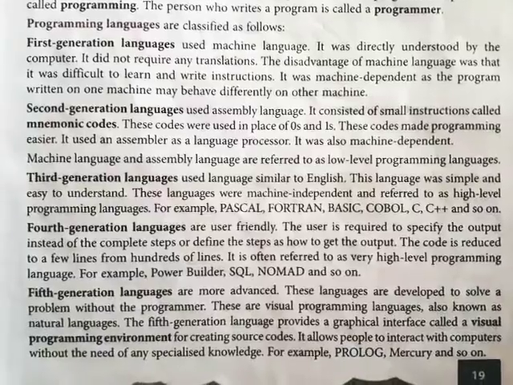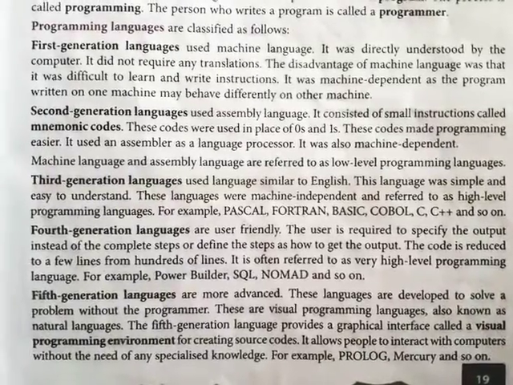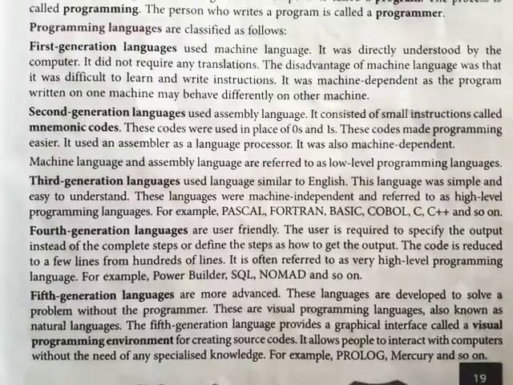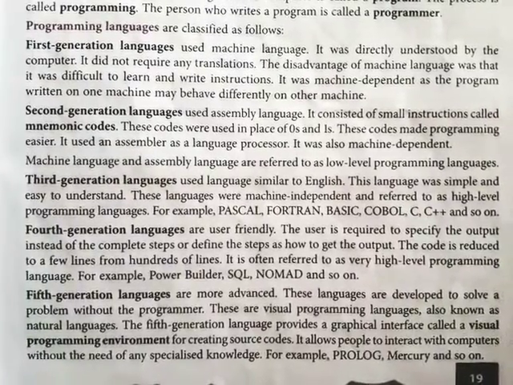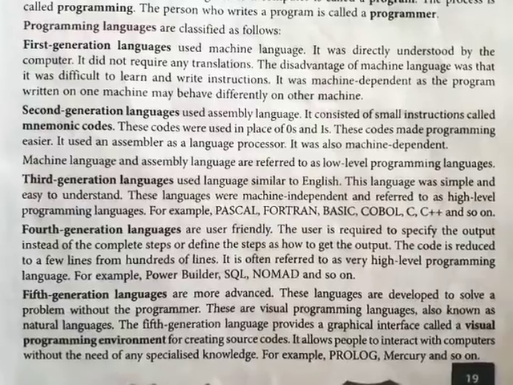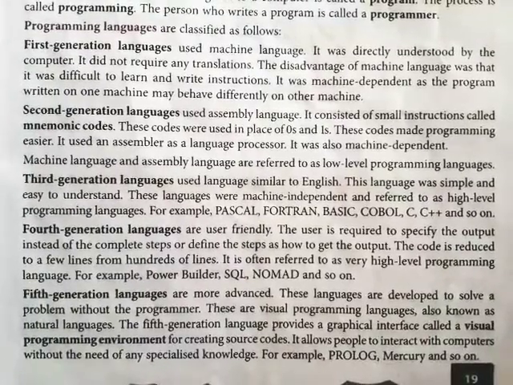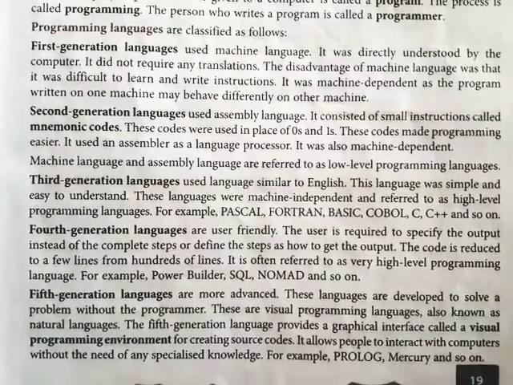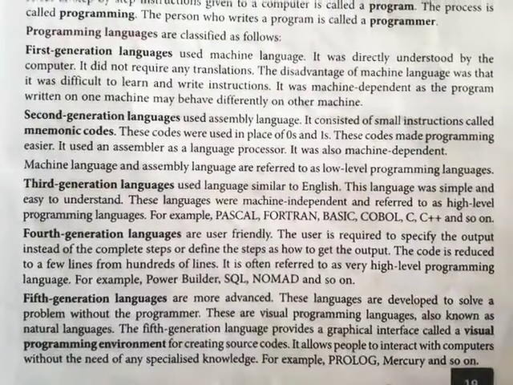Okay. Fourth generation languages are user friendly. The user is required to specify output instead of defining the steps as how to get the output. The code is reduced to a few lines from hundreds of lines.